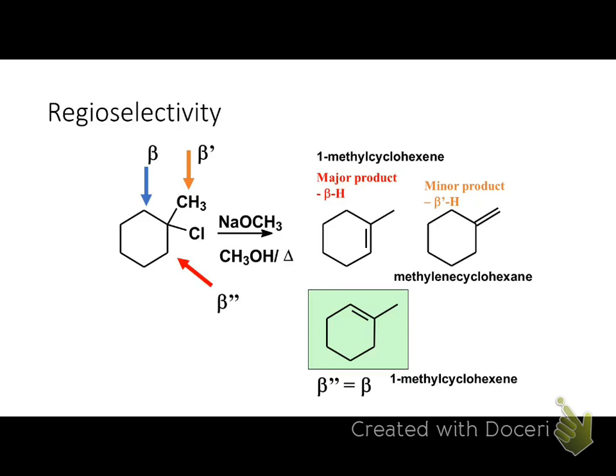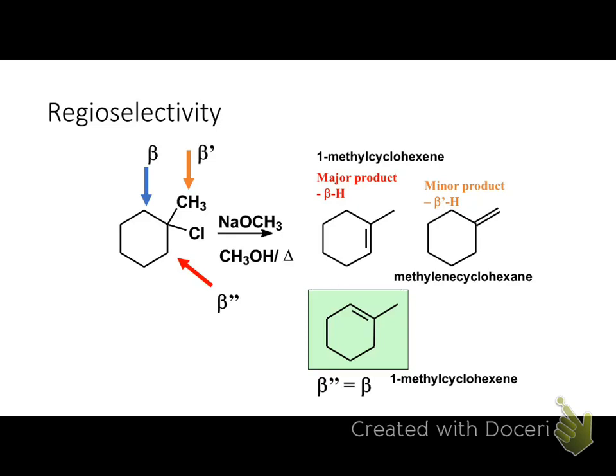And then you can eliminate either this hydrogen, or that hydrogen. It turns out when you eliminate from here, or you eliminate from here, this product is the same as that product. That's why it says beta prime is equal to beta. And then this one is the minor product. And there's always some mixture of products when you do this.